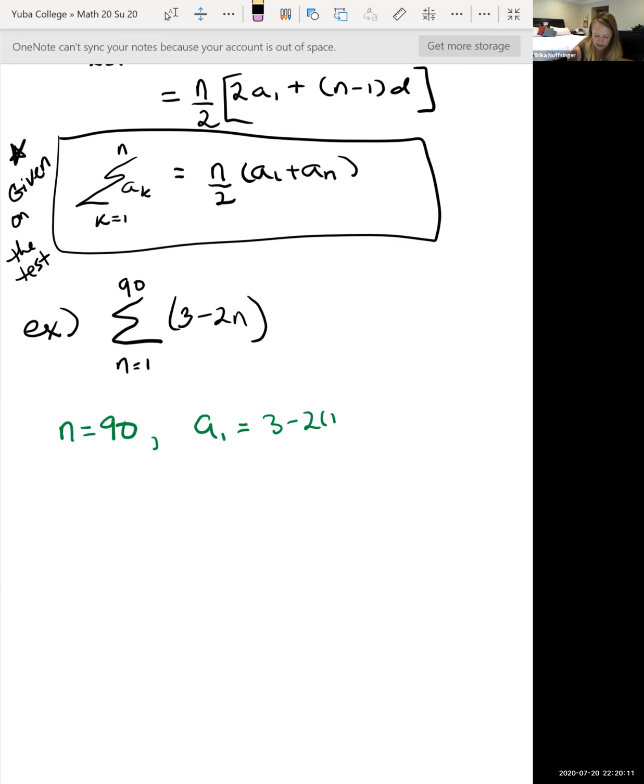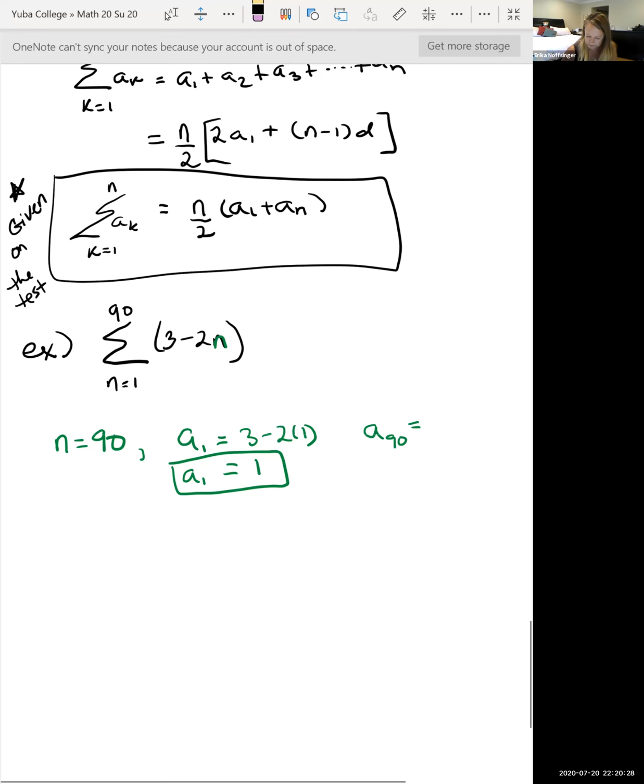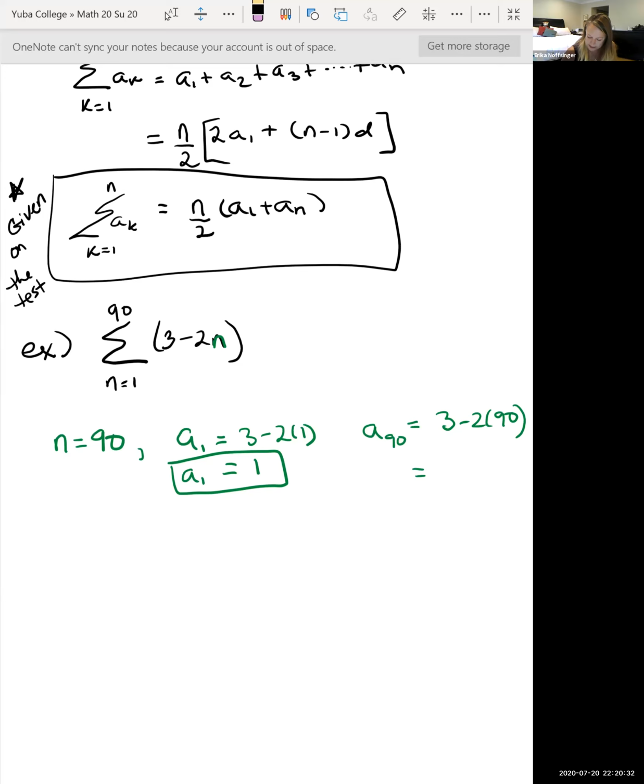So that's 3 minus 2, which is 1. We know what the first term is, and we can find the 90th term. So plugging in 90 where we see an n in our equation, we have 3 minus 2 times 90. So this is 3 minus 180. 3 minus 180 is negative 177.